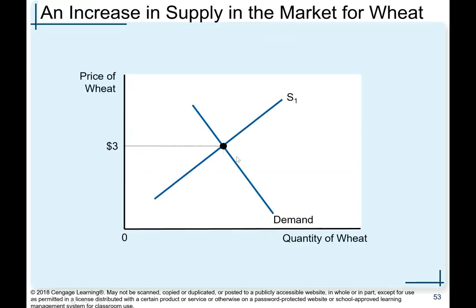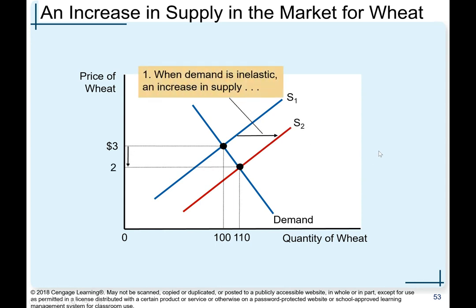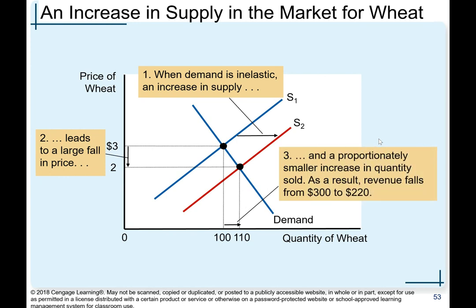An increase in supply in the market for wheat. When supply shifts to the right, demand is inelastic. Because when demand is inelastic and supply shifts to the right, an increase in supply, that leads to a large fall in price.